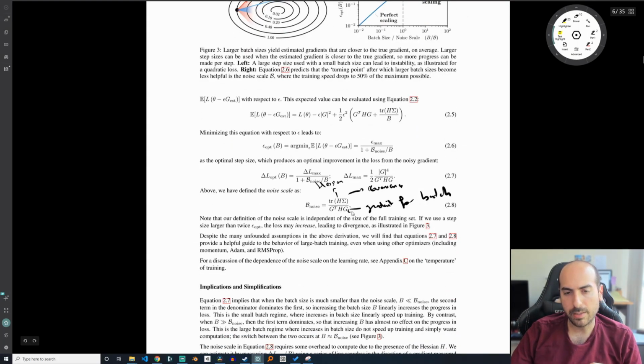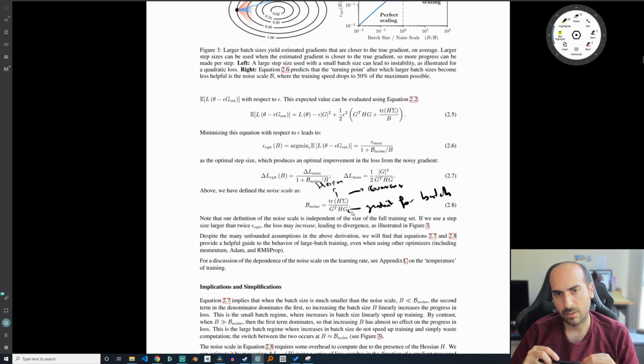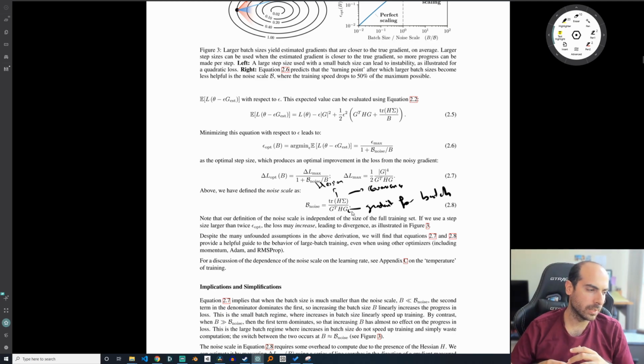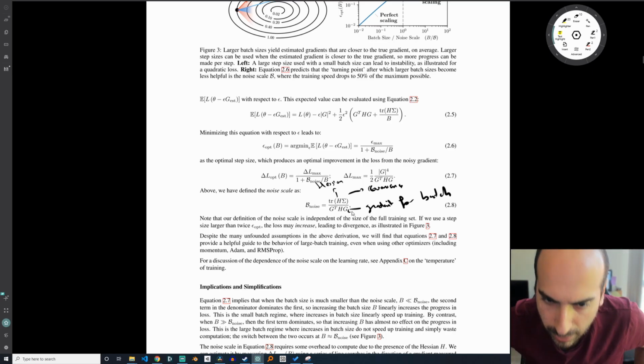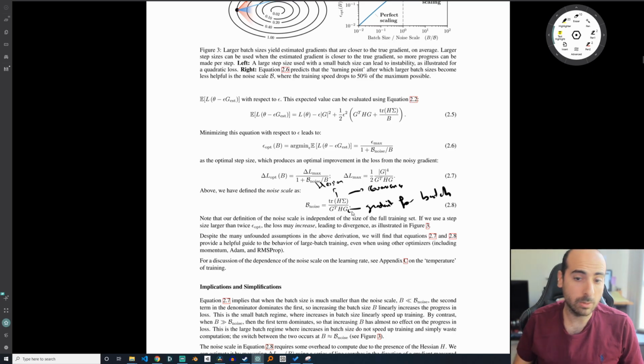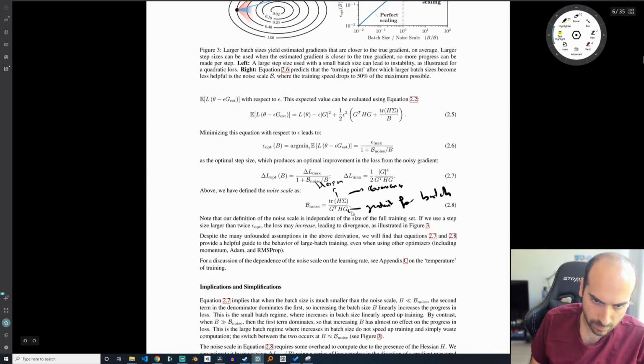So it's not really a function of the data at all. It's a function of the gradients of the data, which is implicitly a function of the data. Otherwise, H and sigma are only a function of the parameters, which is very interesting. So this is what they're calling the noise scale.